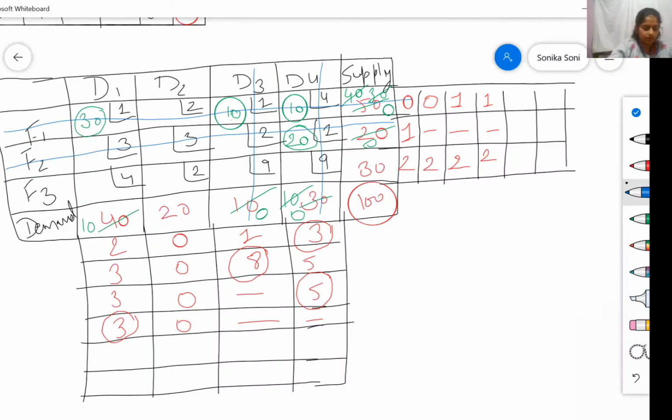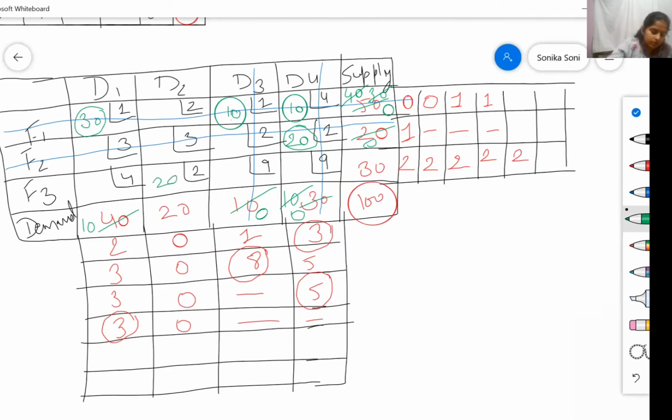Now we are remaining with only F3 row, which is 4 and 2. We can't do anything with the columns. So the difference in F3 row is 4 minus 2, which is 2, and the lowest cost is 2, which means first we have to allocate in F3D2 and then we have to go for F3D1. So how much can we allocate here? We have supply 30 and 20 as D2 demand.